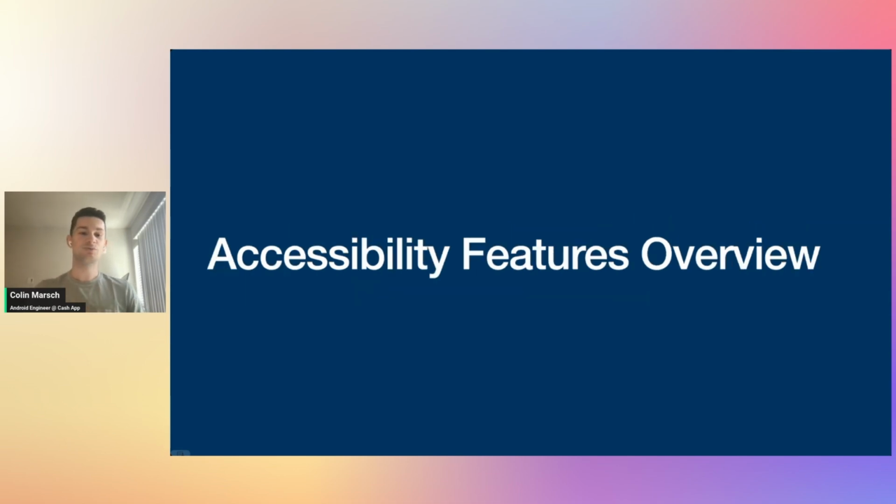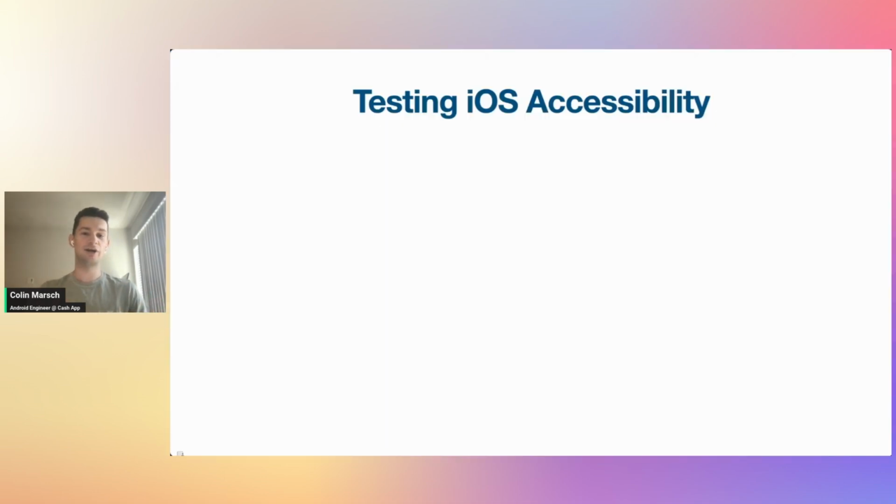As we jump into some accessibility features of Compose multi-platform, I do just want to briefly talk about testing iOS accessibility on apps that are built using Compose multi-platform. As a bit of background, Compose multi-platform right now is in the beta stage, and the iOS accessibility is in the early stages of development, according to some documentation put out by JetBrains recently.